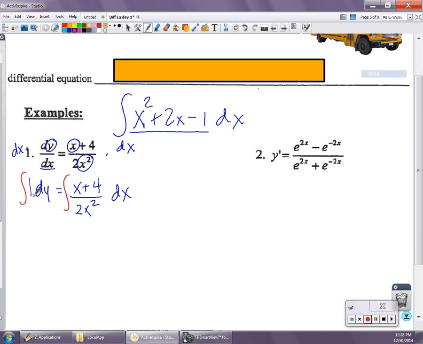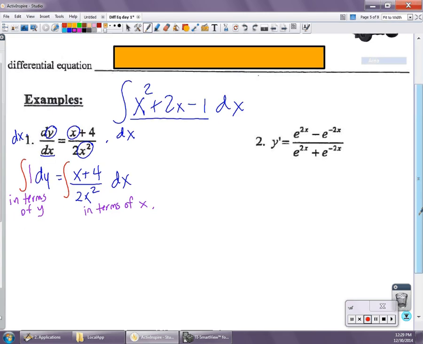So on the left-hand side, we will find the antiderivative in terms of y, and on the right-hand side, we'll find the antiderivative in terms of x. When we find the antiderivative of 1 in terms of y, we get y.